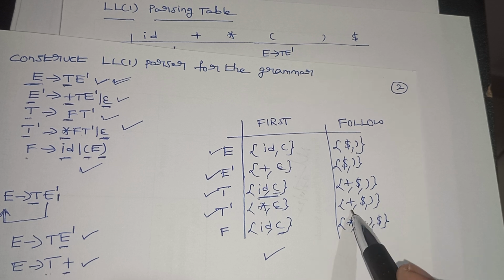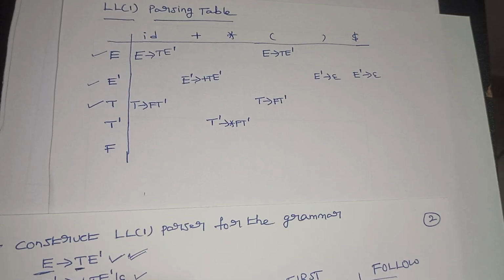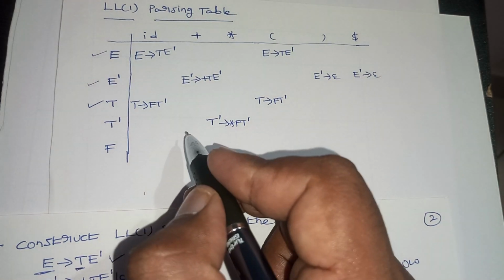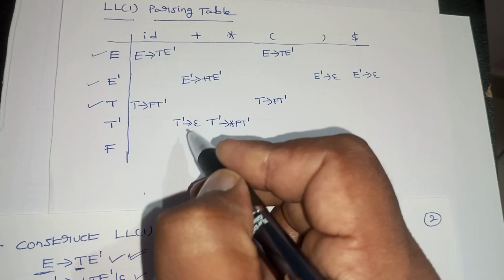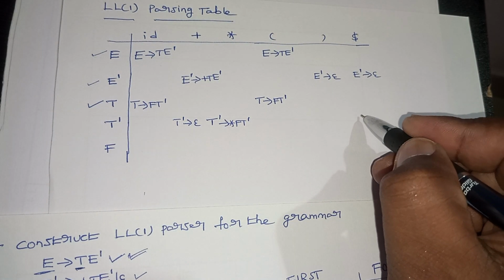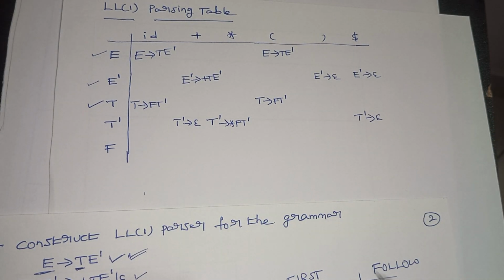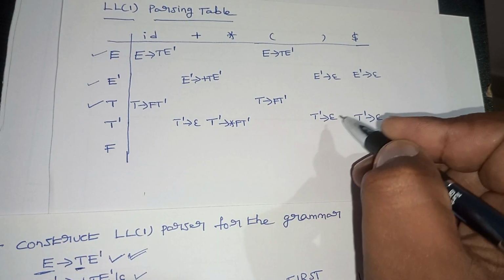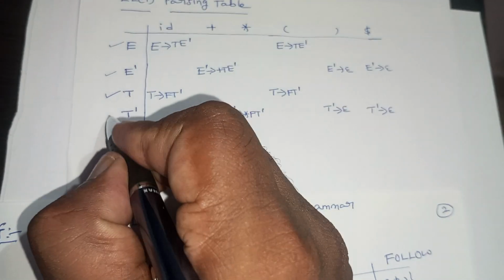It is plus, dollar and then right parenthesis. So under plus, dollar and right parenthesis you write T dash tends to epsilon. Like that, T dash is also over.